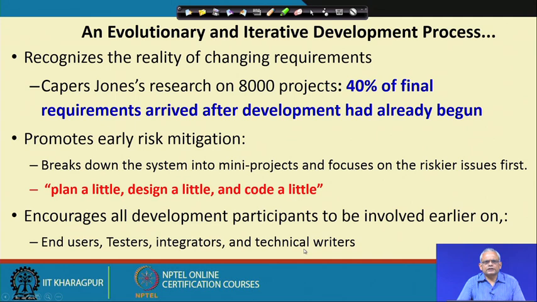This model, just like the incremental model, involves the end users. They get frequent releases, and they can give their experience on that. The testers, integrators, technical writers all get involved from the start of the project, unlike the iterative waterfall model.